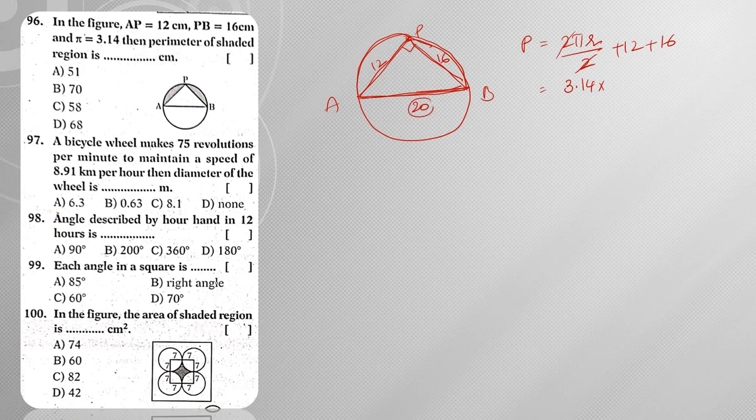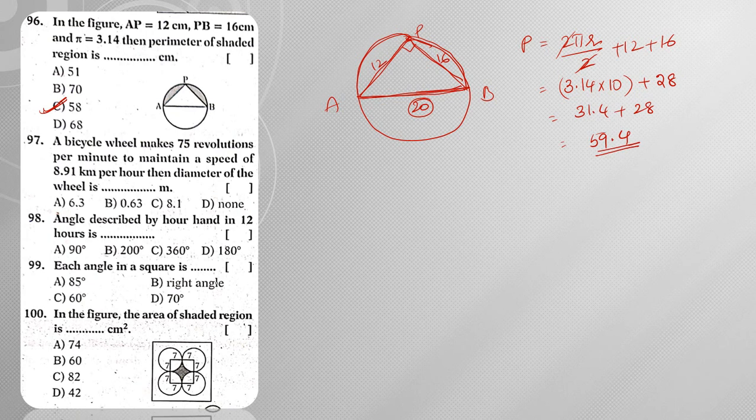Radius is nothing but half of the diameter, which is 10. So 3.14 into 10 plus 28. So 3.14 into 10 is 31.4 plus 28. This gives me 4, 8 plus 1 is 9, 3 plus 2 is 5. Hence the answer is 59.4, which is nearly equal to 59.